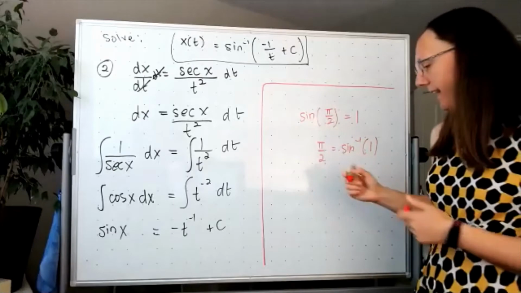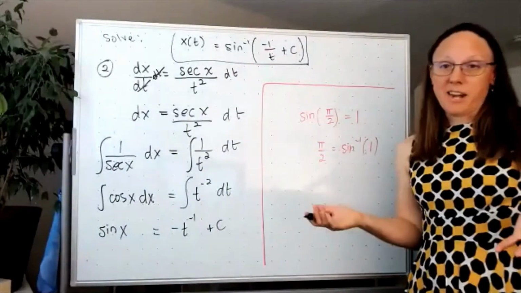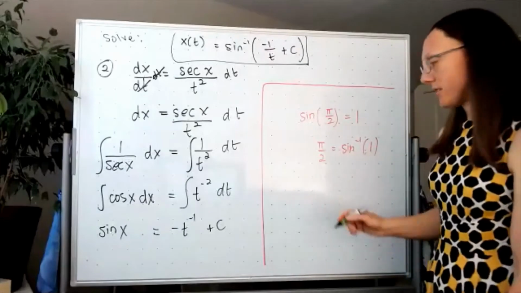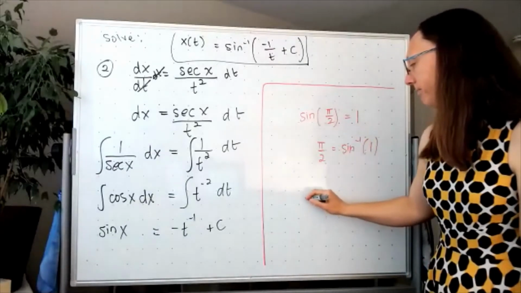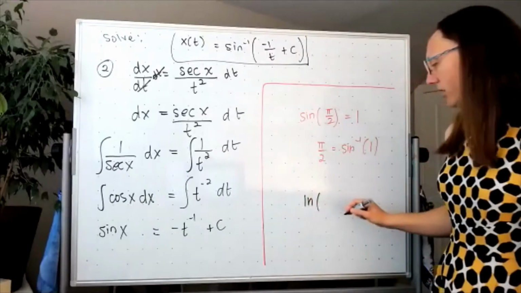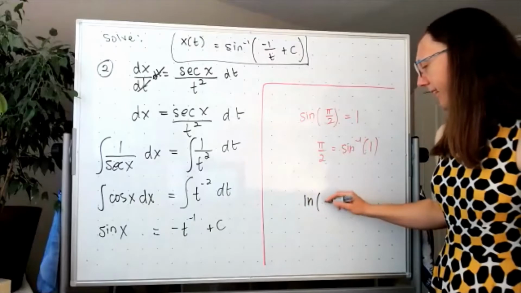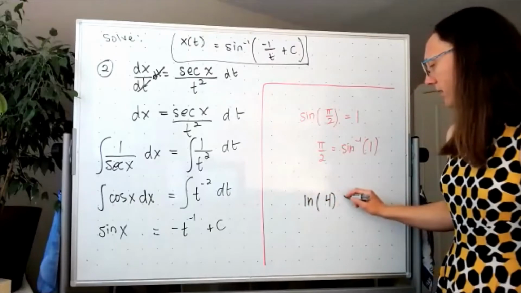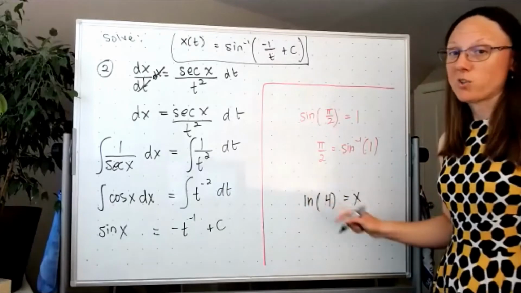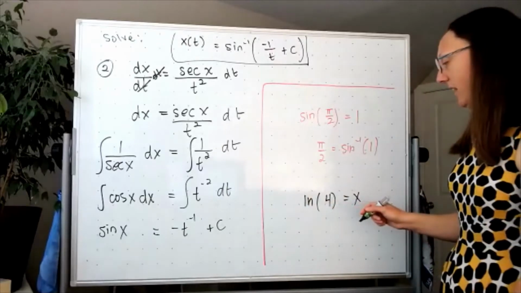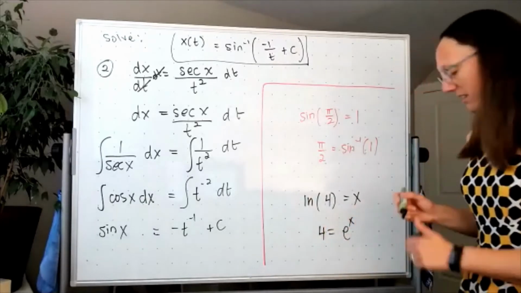It's kind of like with e and natural log, those are inverse functions. So if I had natural log of, I don't know, 4 is equal to x, I could also write this as saying 4 is equal to e to the x.